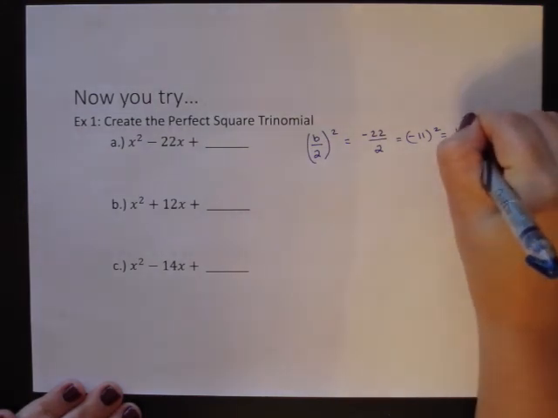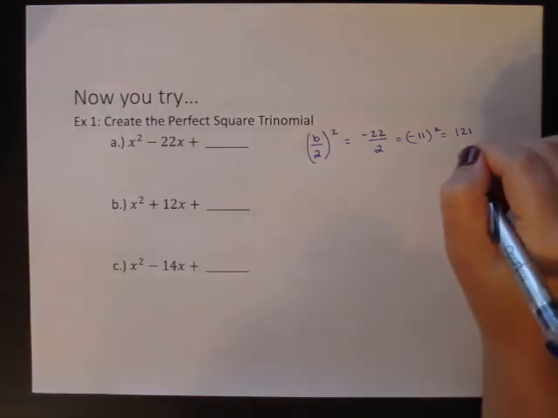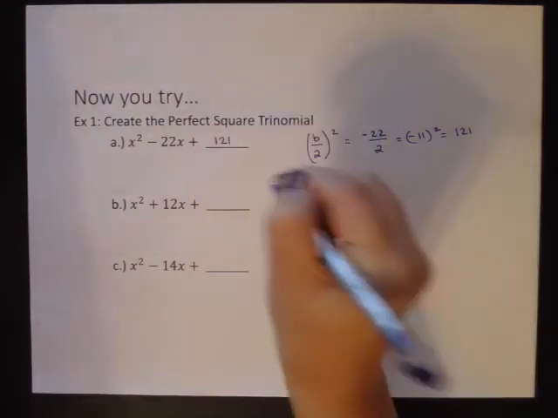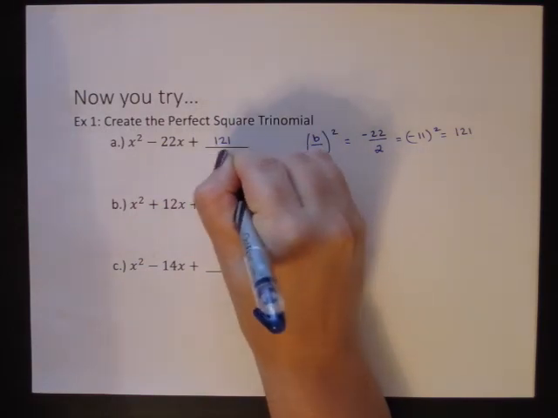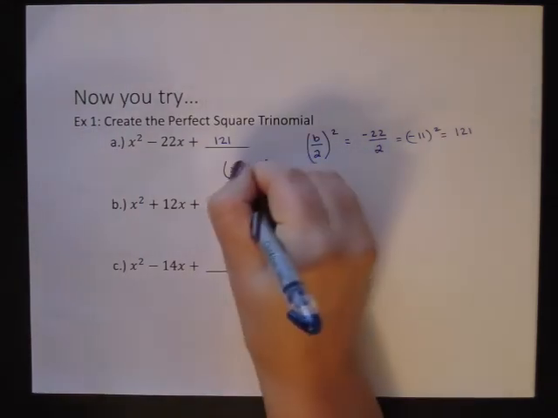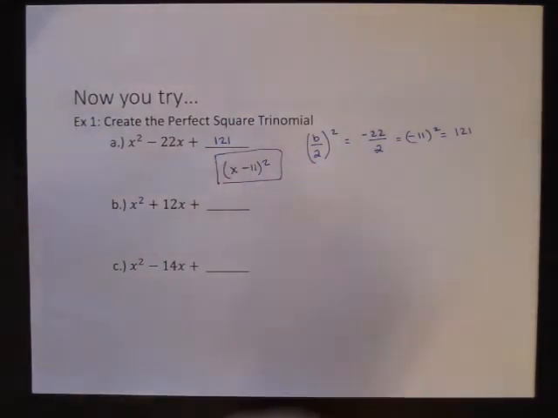So that's going to be 121. Okay, so that's what I've got to plug into my blank. And then I'm going to write it as a binomial, so that'd be x minus 11 parentheses squared. So those would be my two answers. So pause it, I want you to do B, and I want you to do C.